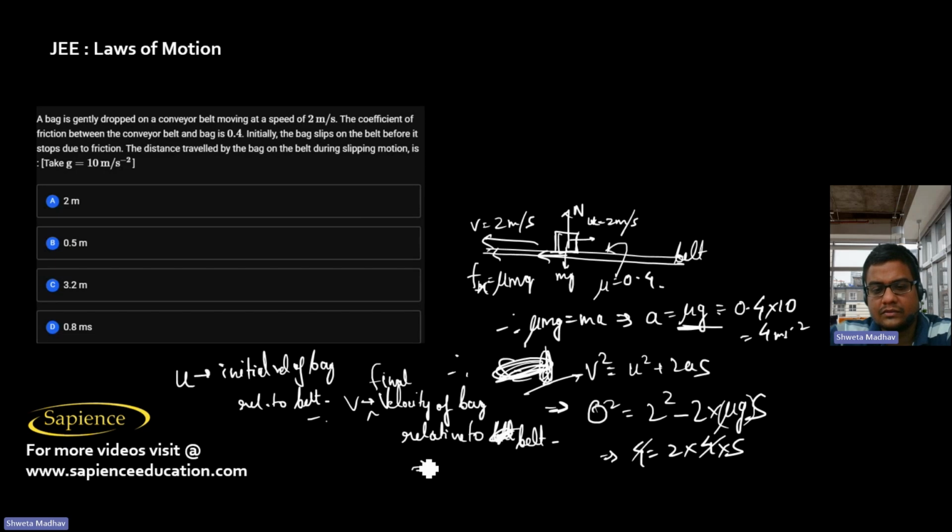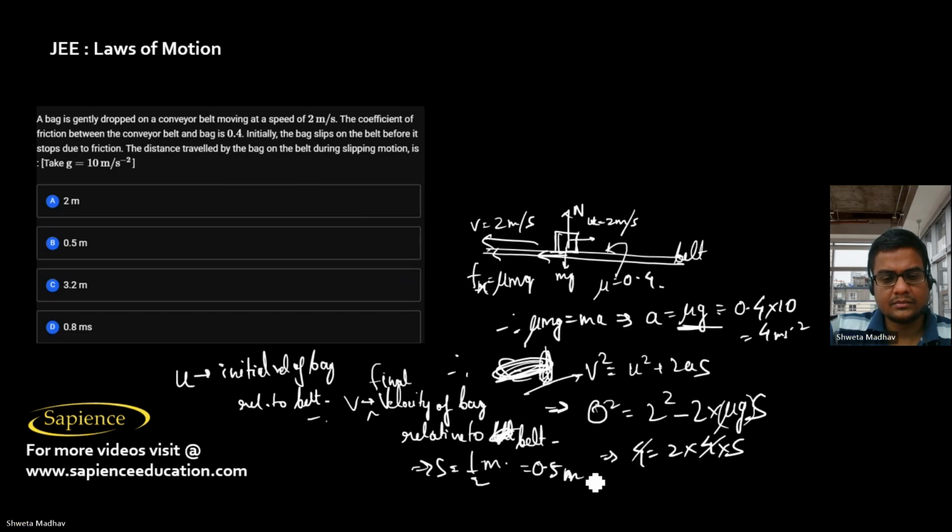The 4 cancels out, so s equals 1 by 2 meters. So the distance traveled by the bag on the belt during slipping motion is 0.5 meters. So option B is the correct answer.